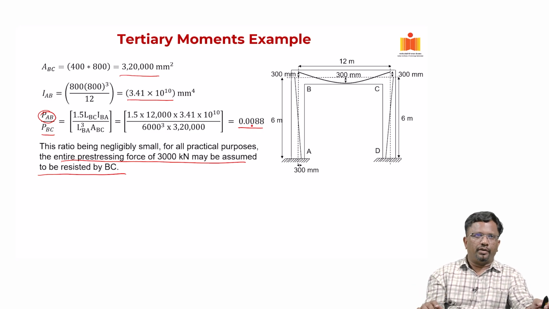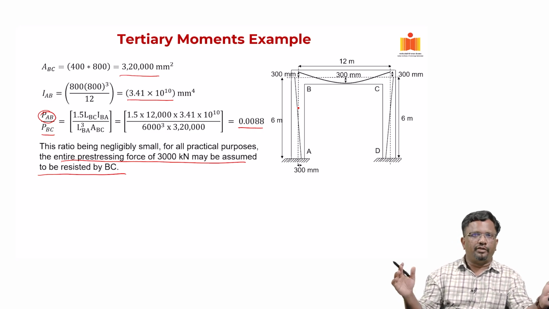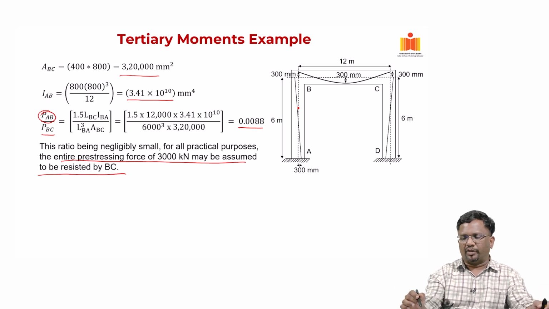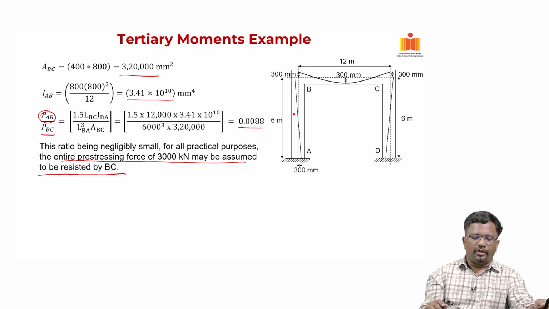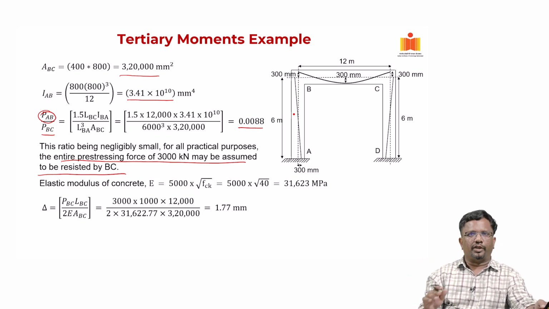But for this portal, I have a column and a beam. So, for such a portal system, when you do post tensioning, invariably the beam will take all the axial force, and it will not be taken by the vertical member, though the lateral load effect will be there. Okay, so that is what we are going to look at.